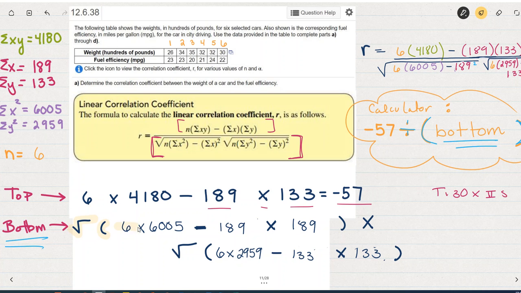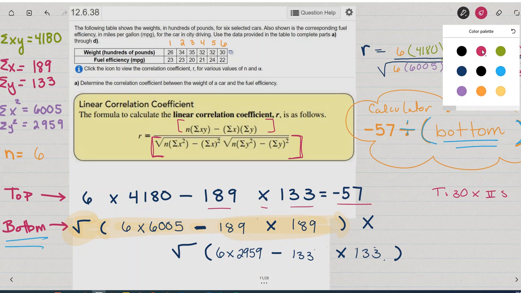But then I'll type 6 times 6005 minus 189 squared. I could just type 189 times 189, or you might type in 189x squared, but then close the parenthesis so it knows that's what I'm taking the square root of. I'm doing the square root of this entire piece.